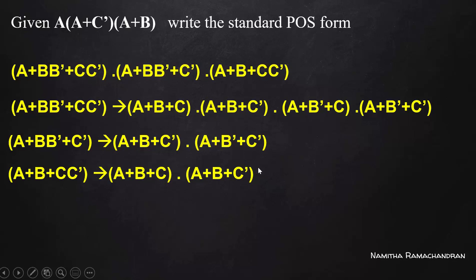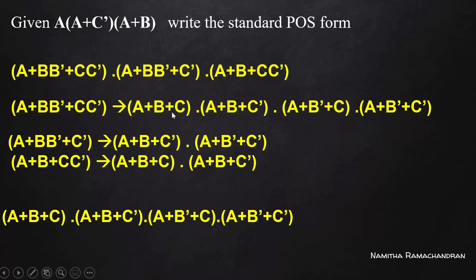Now combine these three generated terms together and avoid the repeating terms. A plus B plus C, A plus B plus C complement, A plus B complement plus C, and A plus B complement plus C complement. Here this is already written, so we don't want to repeat it again.